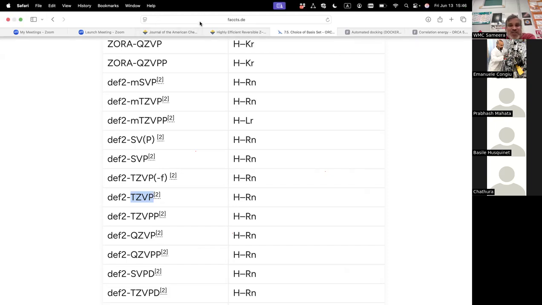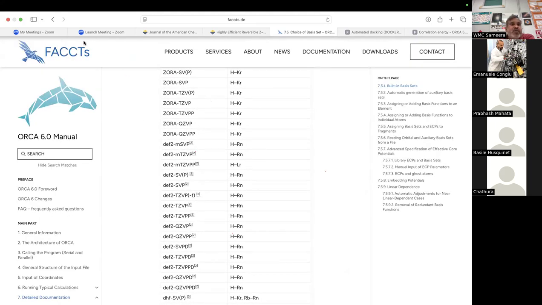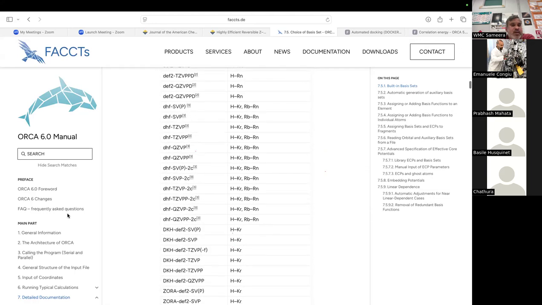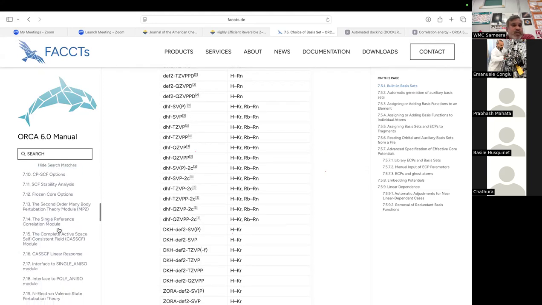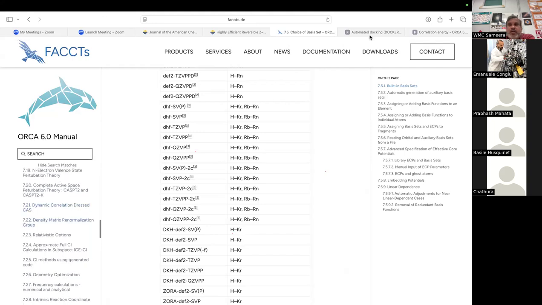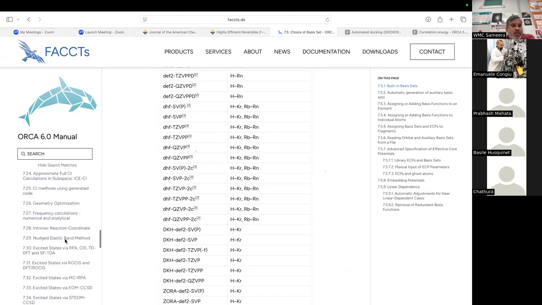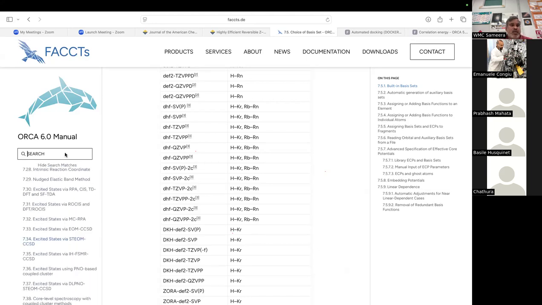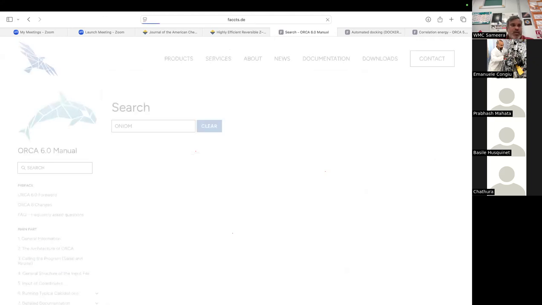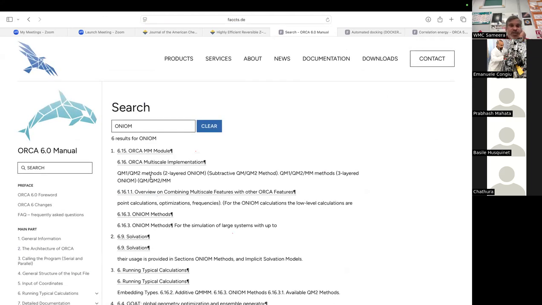I can see another question which is about how we can properly define the boundary between QM and MM regions. So it's a very good question. In the ONIOM approach, let's find the ONIOM definition.